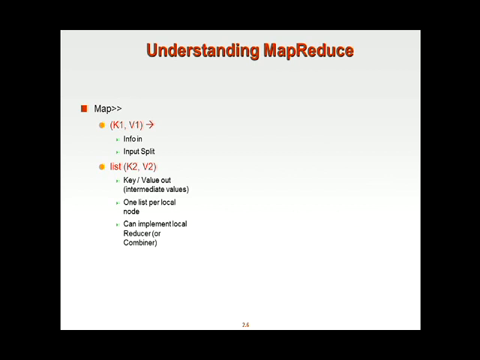This is again about the structure or data flow of MapReduce, but with data types. First, the map function will receive a list of key value pairs for processing, read from input, and then it generates a list of key value pairs.